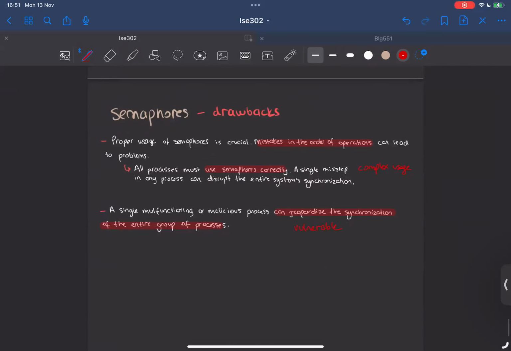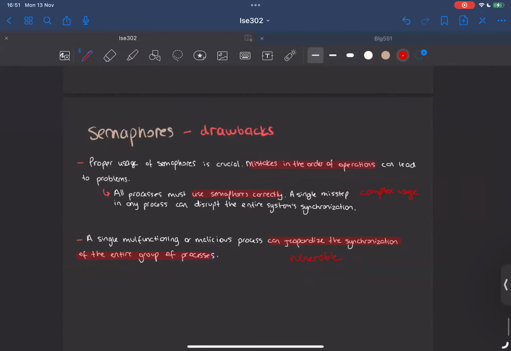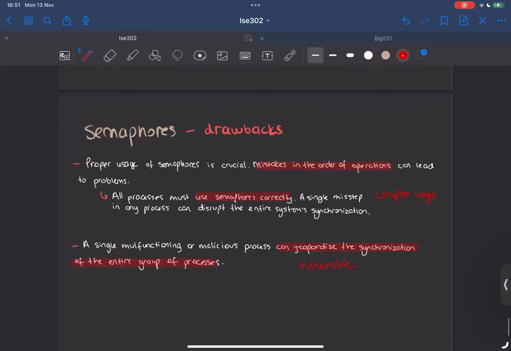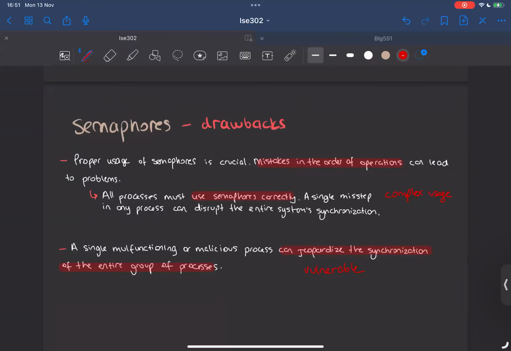So let me explain the first item in detail. So in the semaphore-based solutions for critical sections, processes use a shared variable called mutex, set to 1 initially. Each process needs to follow a strict order. It must wait before entering the critical section, okay? And signal after leaving it.